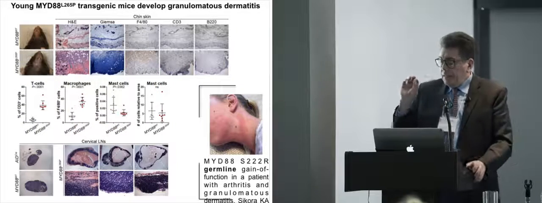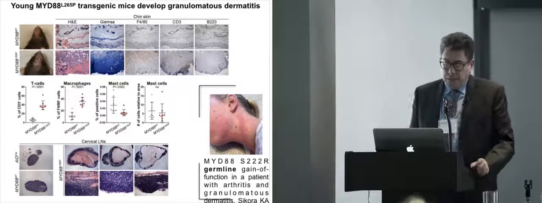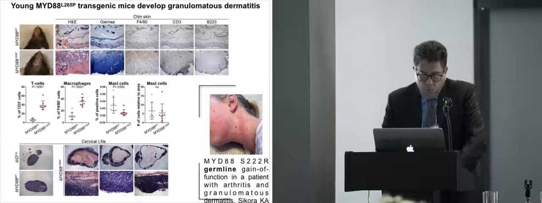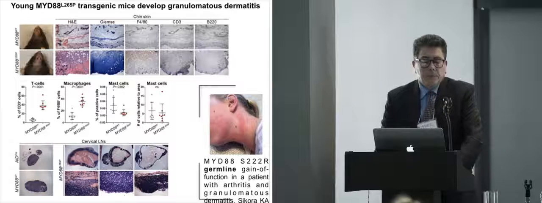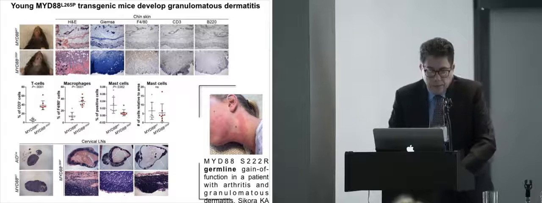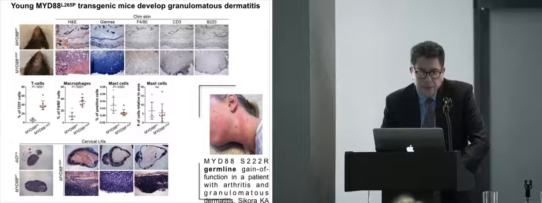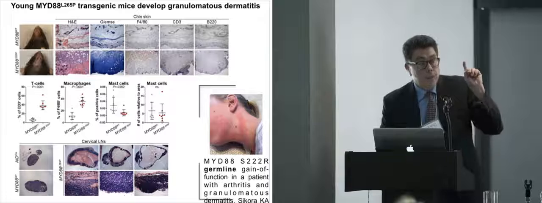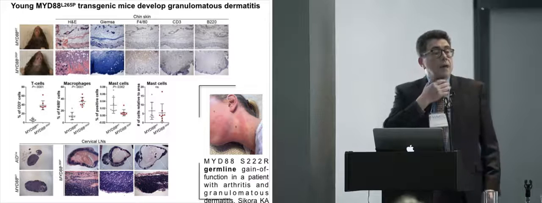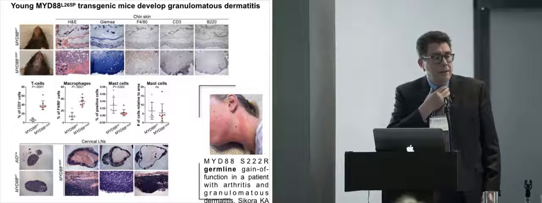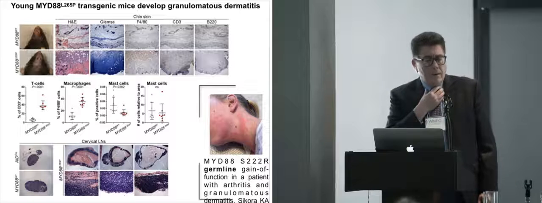Something very striking in these transgenic mice is that wild-type animals look completely normal, but transgenic mice carrying the mutant protein do have alopecia in the neck. We have never seen this before.